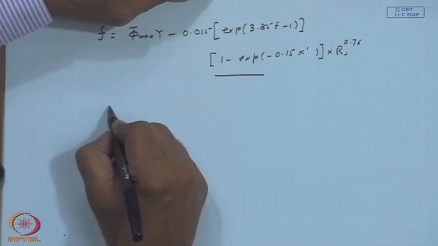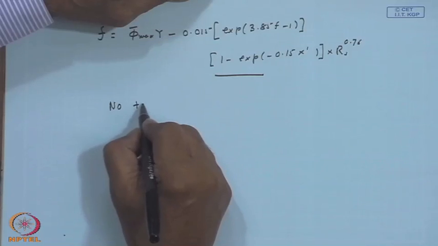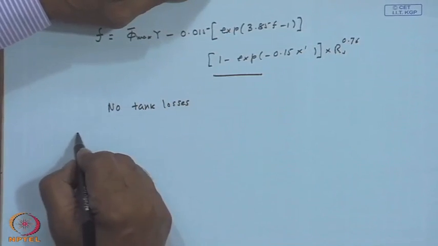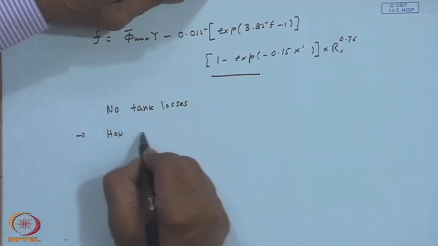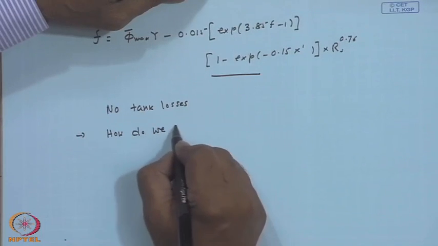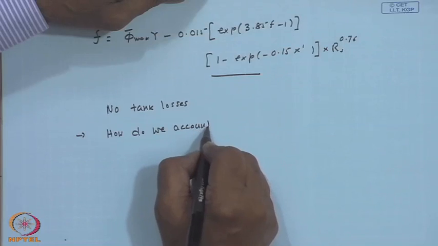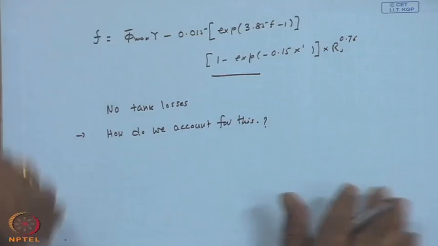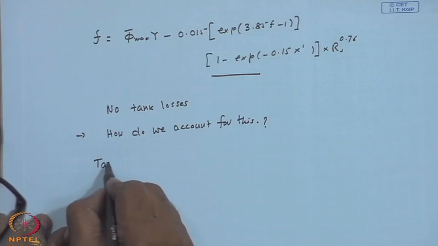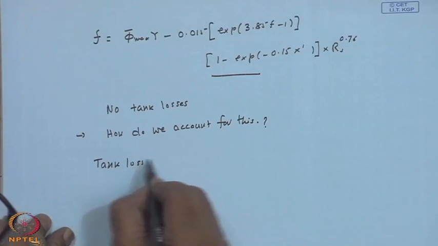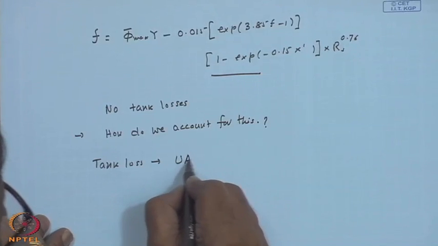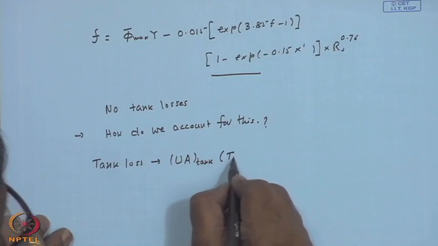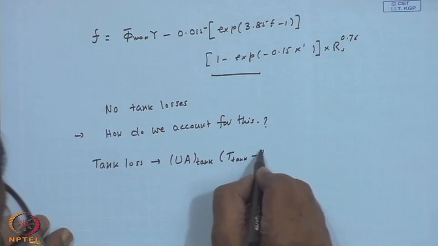So, how to take care of the tank losses? How do we account for this? So, tank loss, something like UA of the tank times T tank minus some T surroundings.